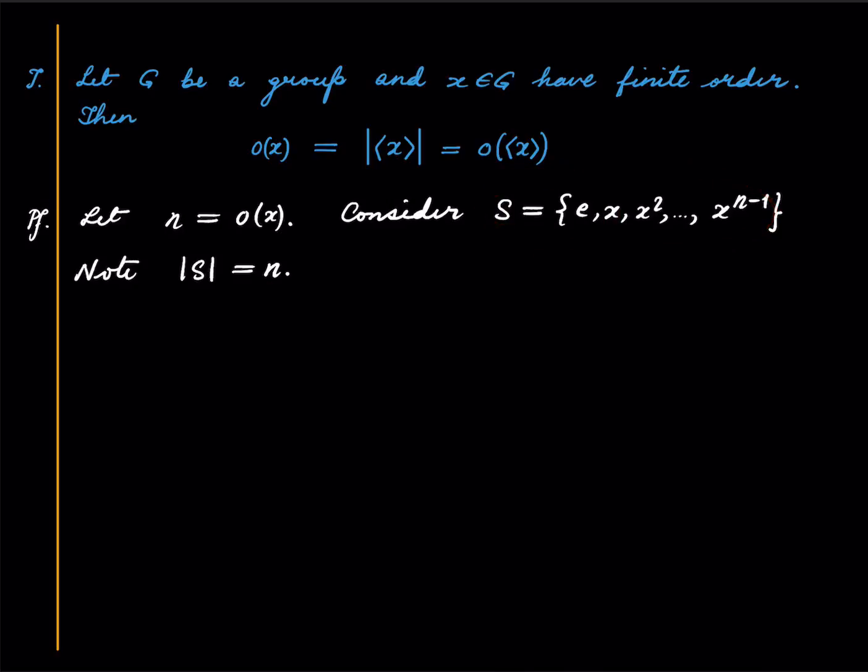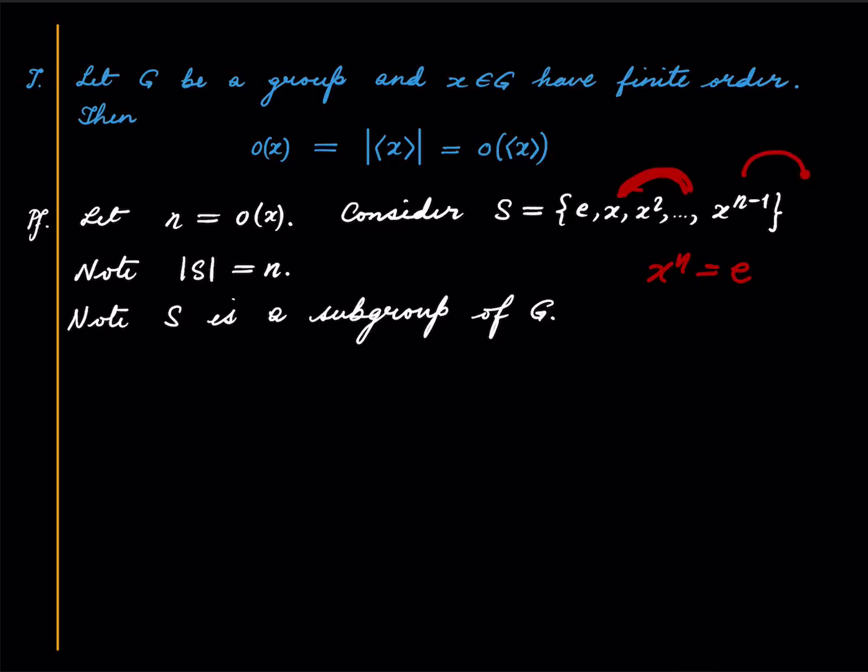And another important thing to note is that S is a subgroup of G. So why is that? The thing is, because x to the n equals the identity, if you multiply two things and the corresponding index exceeds n, then you can wrap around and come back. In a particular example, suppose n were equal to 5, then S would be this set.